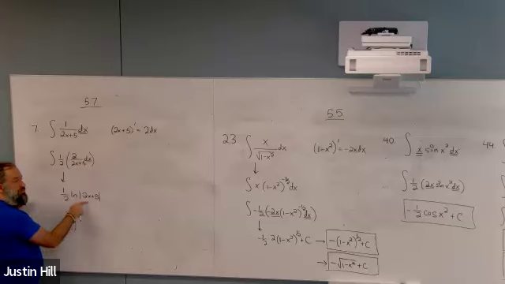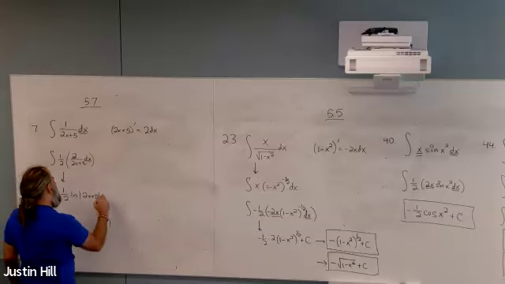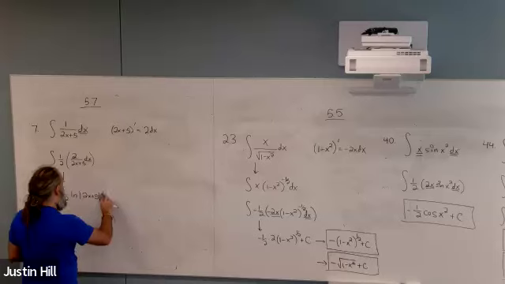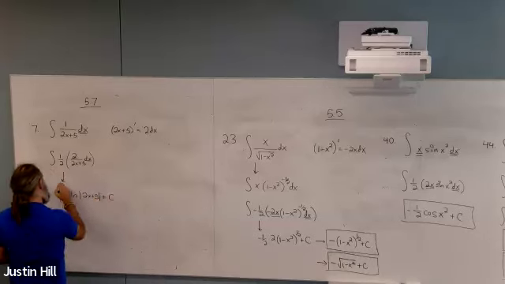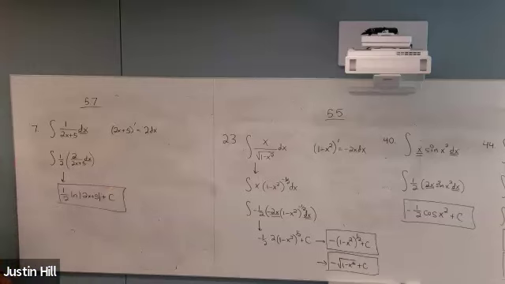Remember our domain for natural log is 0 to infinity, not including 0, so it has to be positive numbers. Plus c, so 1/2 natural log of the absolute value of 2x plus 5 plus c. That's the integral of 1 over 2x plus 5 dx.